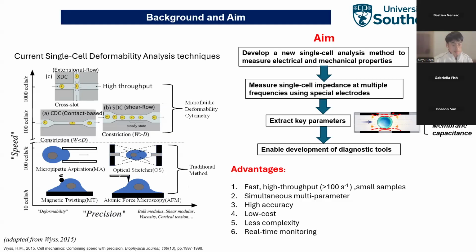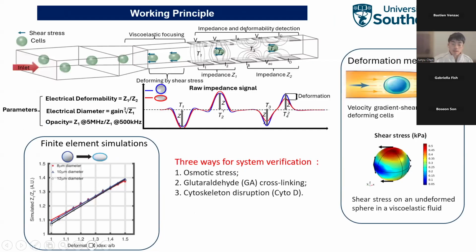Here I explain the working principle of the system. Cells are first suspended in the viscoelastic fluid buffer and then flow through the microfluidic channels, experiencing shear stress and deforming in the narrow channels.